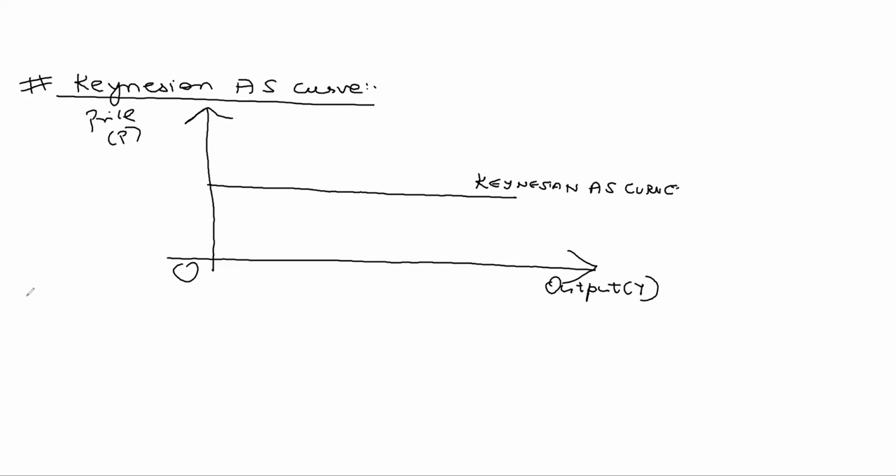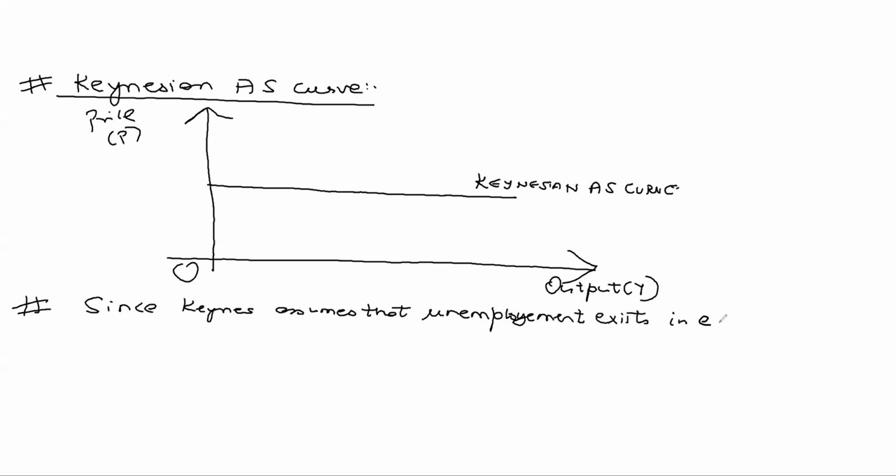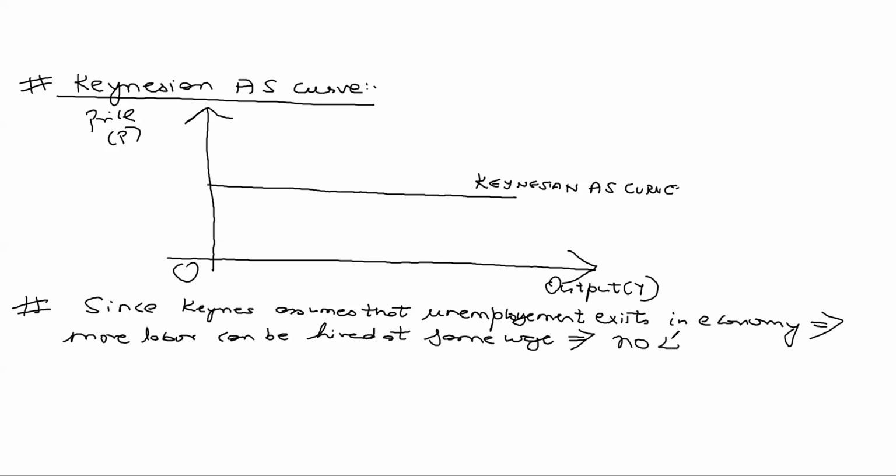And if you look at the chain, since Keynes assumes that unemployment exists in the economy, it implies more labor can be hired at the same wage rate, which implies no change in cost of production of the firms, which implies if there is no change in cost of production of the firms, no change in prices.